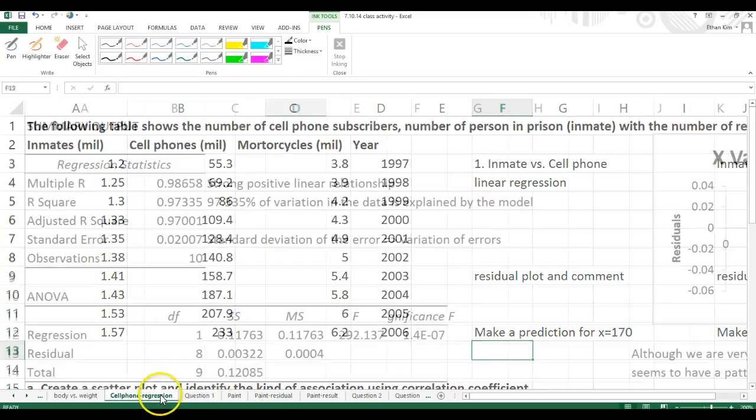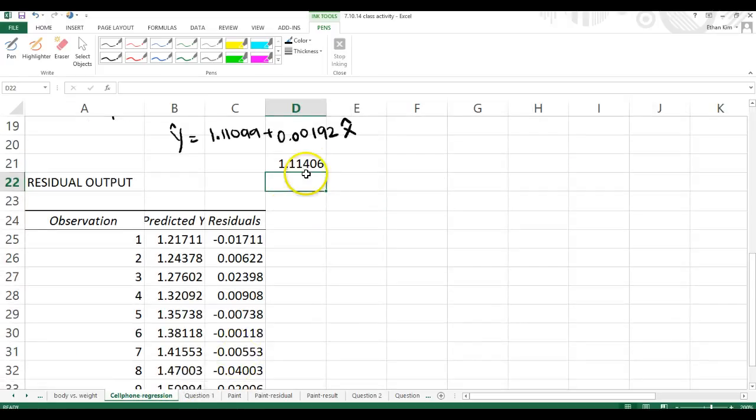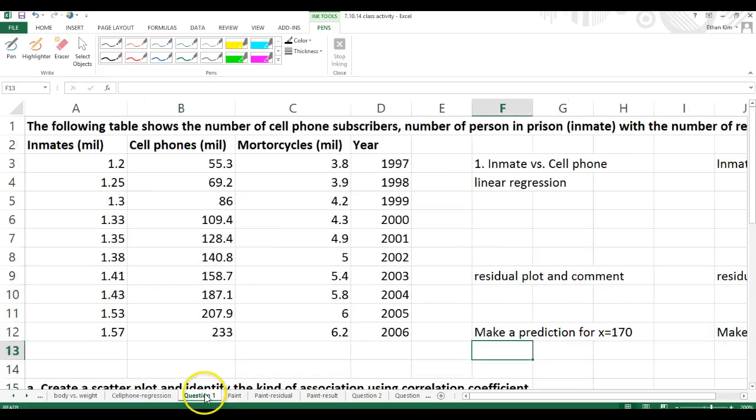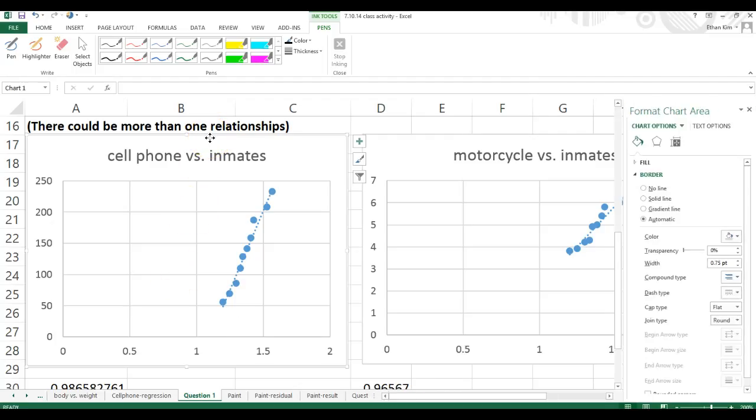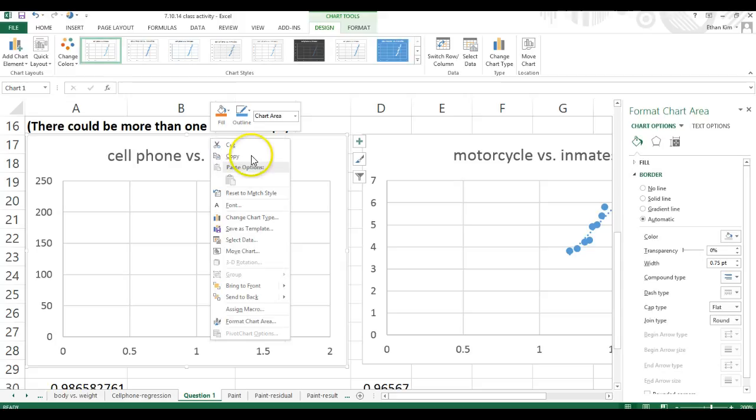So going back here, we can say that it wasn't 1.6, it was 170. And 1.437 is our prediction. So if you go to 1.7, well, now I see a problem with this. This is inverted. So I'm sorry if I confused you.